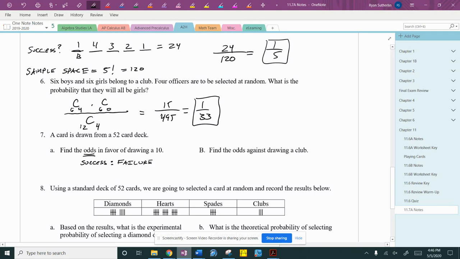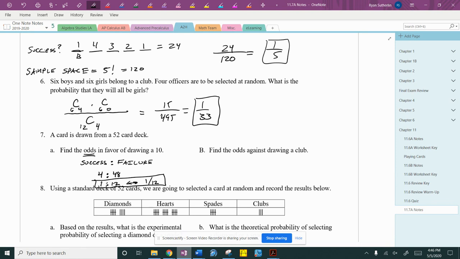If I draw from a 52 card deck, there are only 4 successes, right? There's only 4 10s, which means there are 48 failures. So, with this, we can reduce that. That is 1 to 12, or we can write it as 1/12. So those would be the odds. 1 success per 12 failures if you were to do this.